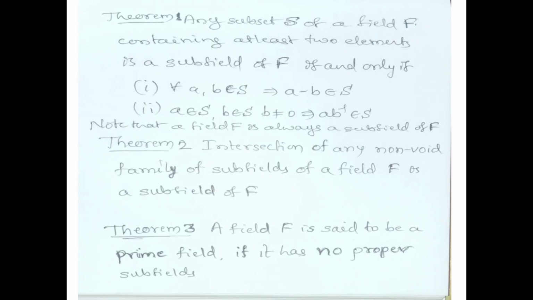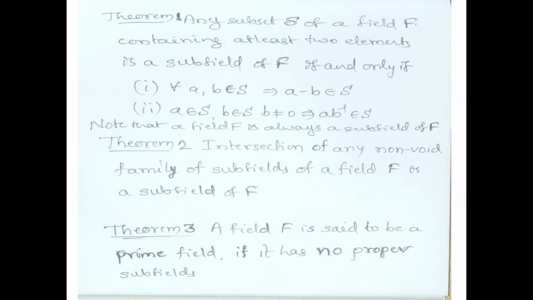What does it imply? A non-void subset containing at least two elements must be an additive subgroup of the field F. That is, for any a, b contained in S, a minus b must be contained in S. Second condition is that all the non-zero elements, here you note that b is not equal to 0, all the non-zero elements in the subset must form a subgroup under multiplication.